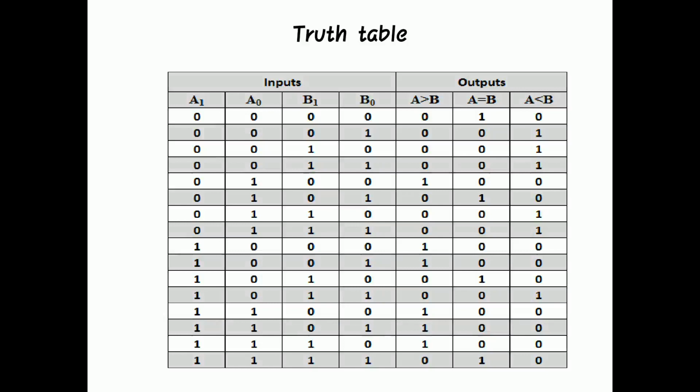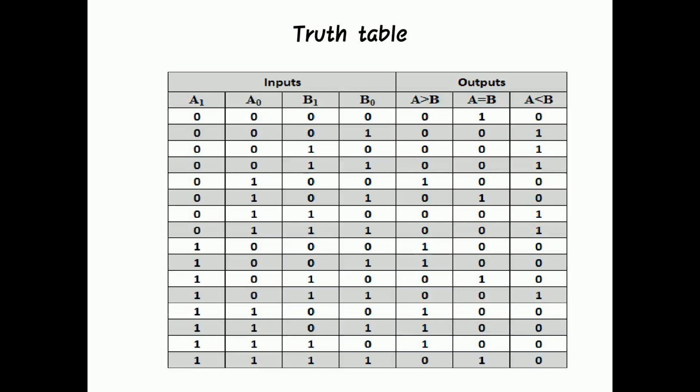Now coming to the truth table, we have 2 bits of A, A1, A0, and B1, B0. Here we need to concentrate: the value of B0 is 1, the value of B1 is 2. Always remember, from the left side, the values used to be 8 and 16, but since here we are comparing 2 bits, B0 value is 1, B1 value is 2.